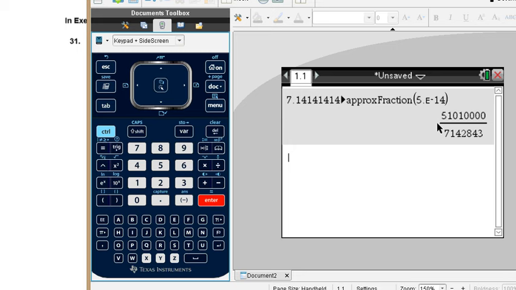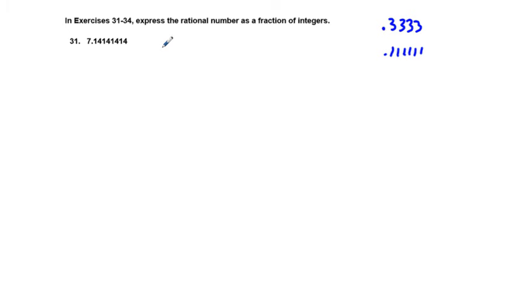And we get this fraction, 51,010,000 over 7,142,843.